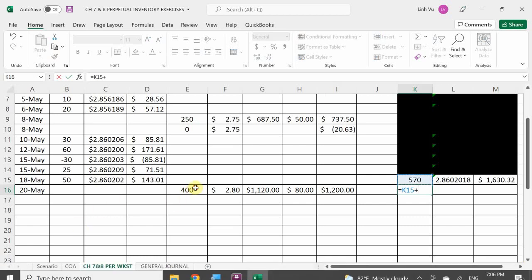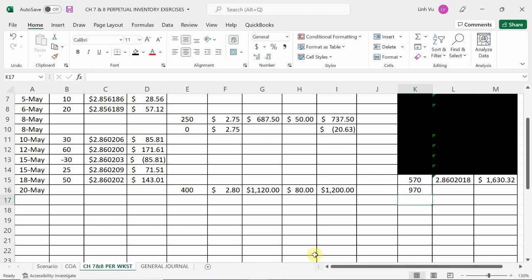So 570 plus 400 gives me 970. My 1630.32 plus 1,200 is going to give me 2830.32.